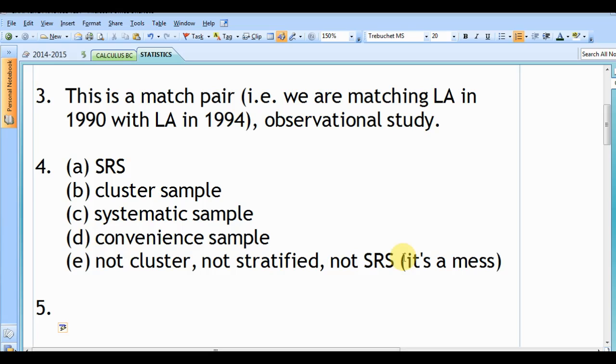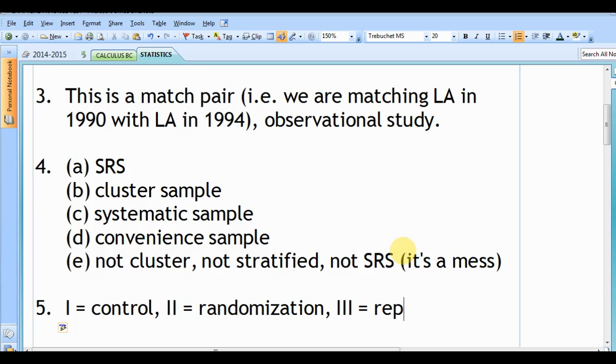So all of the above. D. So what did we say? 1 is control. 2 was randomization. 3 was replication.